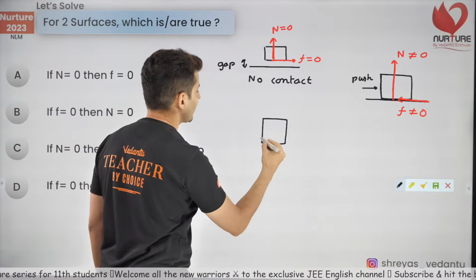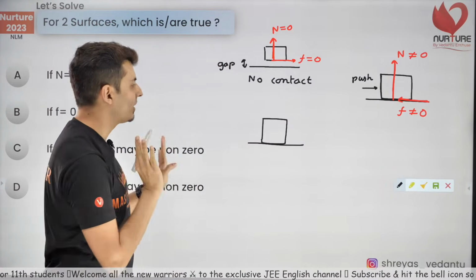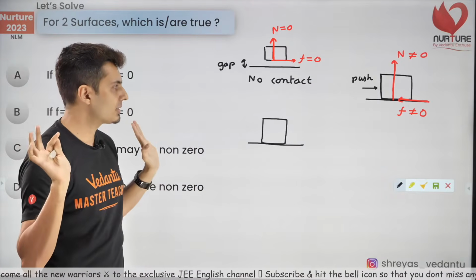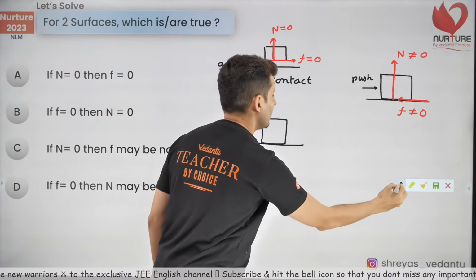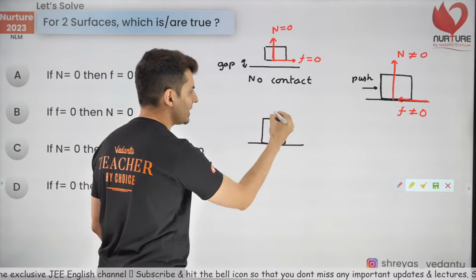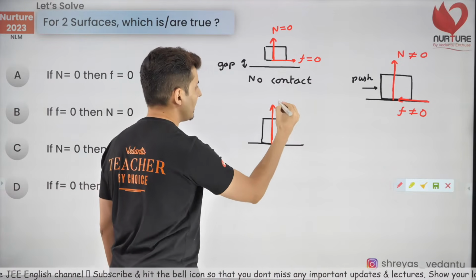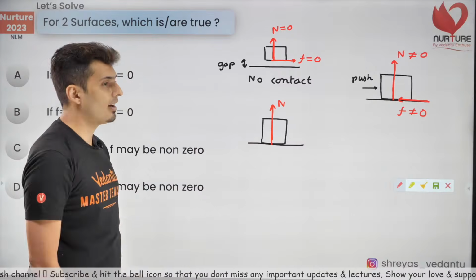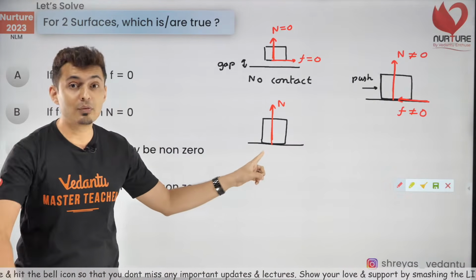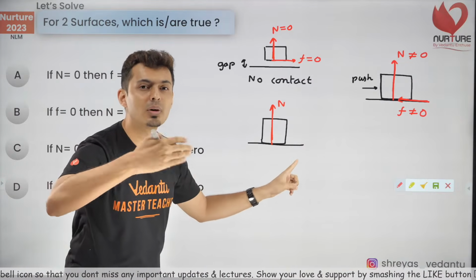Another example, a block is just kept on a surface. If there is a block just kept on a surface, normal force will be there, but will friction be there or no? Think about it. There is no need of friction.